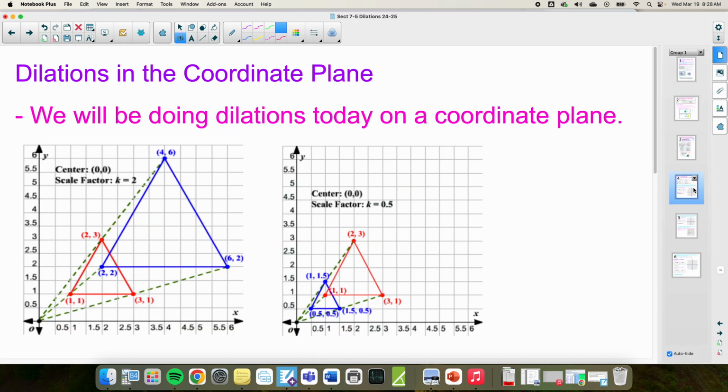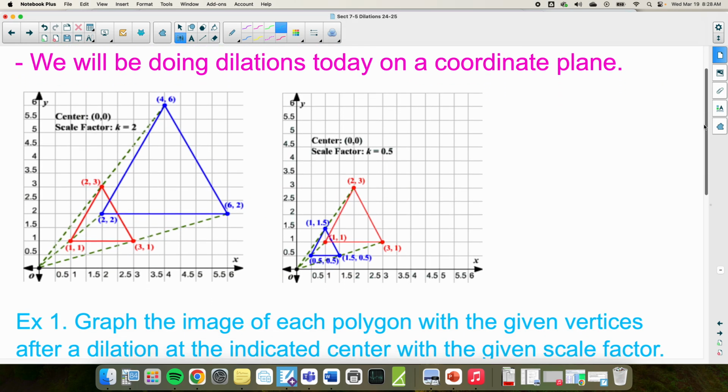Okay, so we're going to try to do some dilations, but I just want to show you one of each first. The red figure here is your original figure, and when we do these, we're going to be labeling like A, B, C. And then your new figure would be A prime, B prime, C prime, okay?